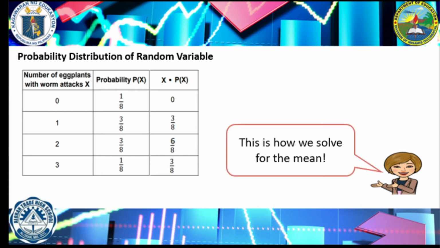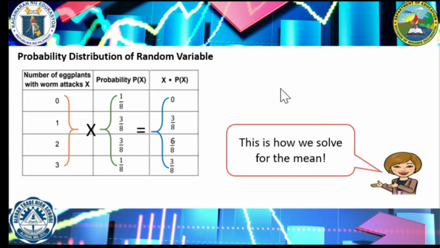This is how we solve for the mean. First, the first column is multiplied by the second column. The product here is the third column. Each of the elements in the first column is multiplied to the elements of the second column and written on the third column as the product.